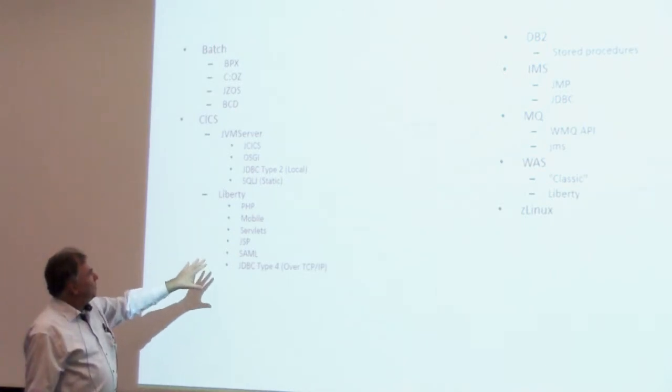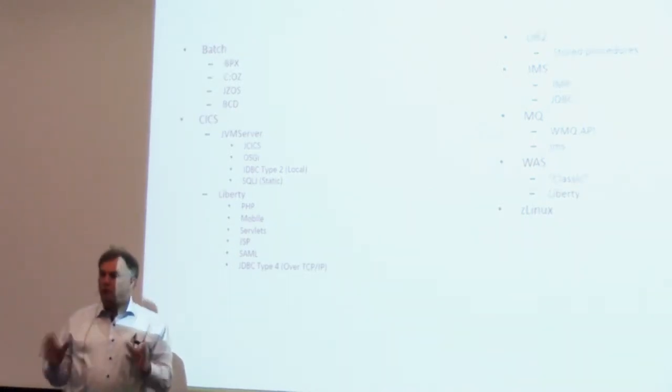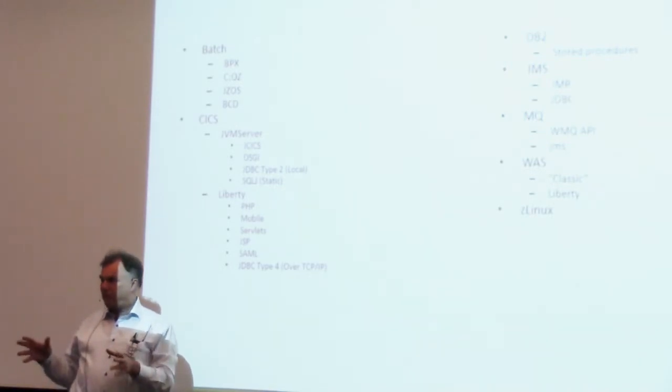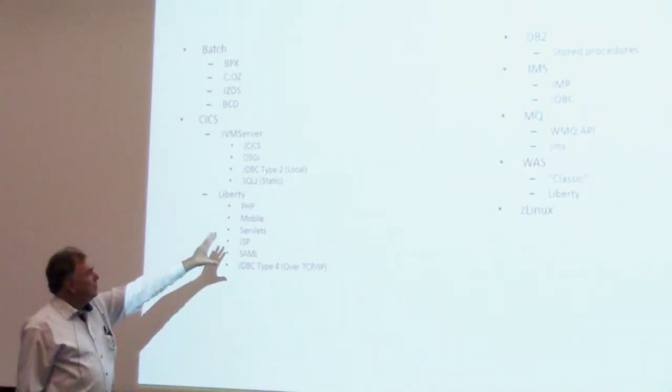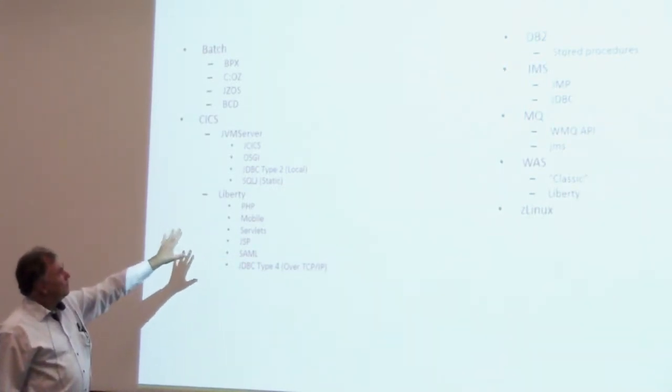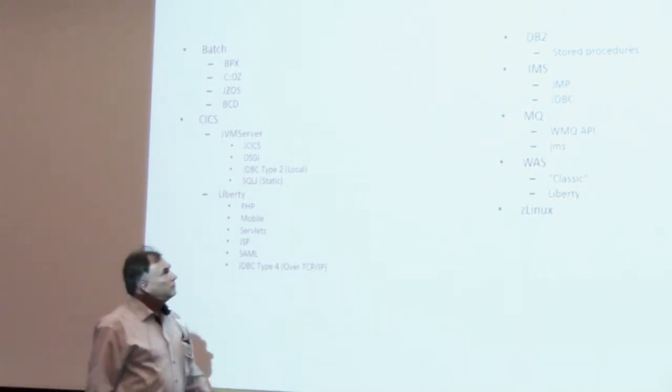So a lot of stuff which you would perhaps like to run, which you can run on WebSphere or on a web application server and would like to run inside CICS, you can run this unchanged on the Liberty server inside CICS. But if you're writing more traditional stuff, you would use the JVM server part.